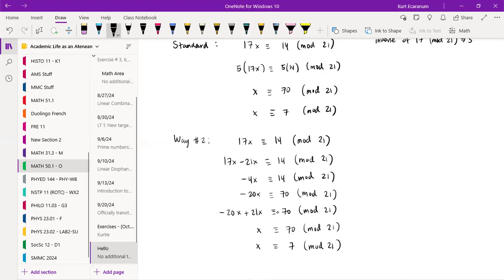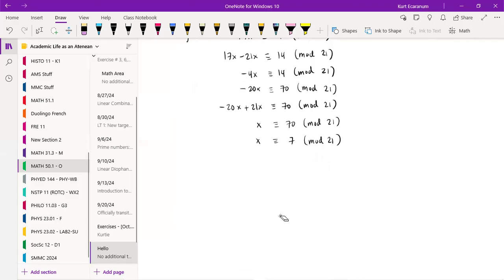You just need to subtract and add multiples of 21 for x. Or if mas convenient sa'yo, pwede kang mag-add sa right side ng 21. Kunyari, right side mo, 14, plus 21. You won't add plus 21x though, kasi constant yun eh. So, hindi mo pahihirapan yung sarili mo. But ayun, again, way 2 is more systematic.